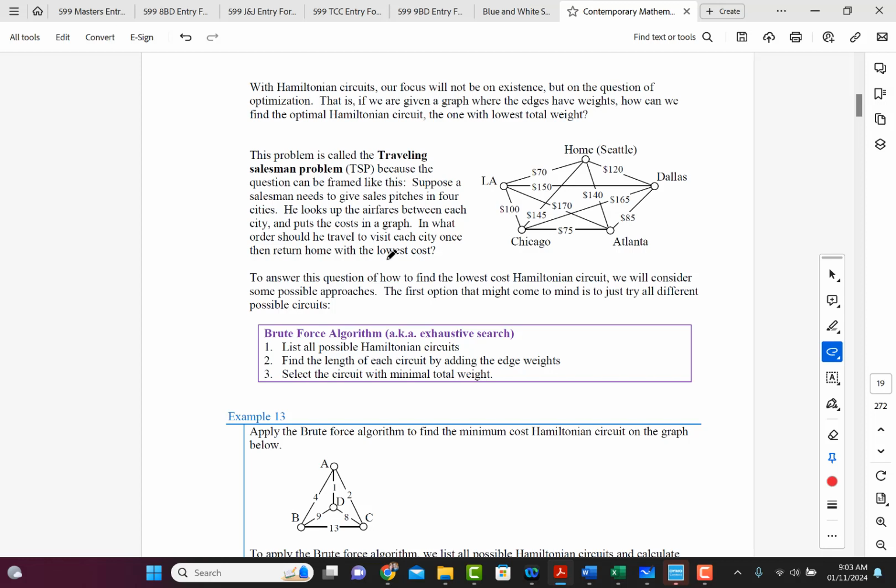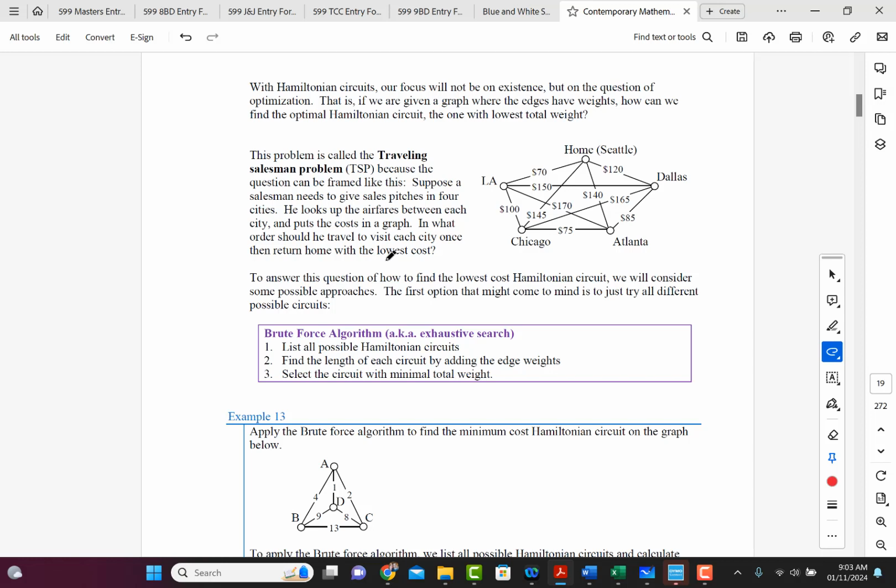This is called the brute force algorithm, or what we call the exhaustive search. We just try to find every possible combination, try all of the different combinations, and then just choose the one that has the lowest cost.